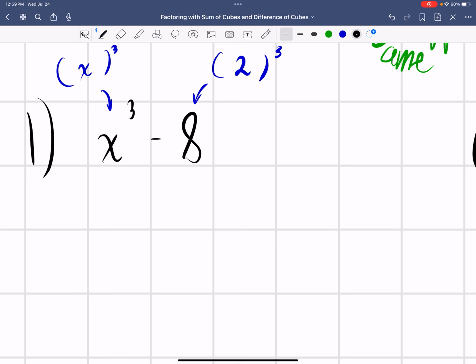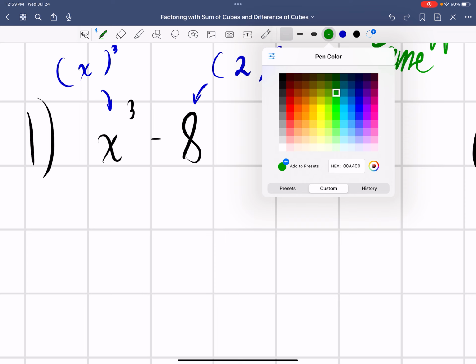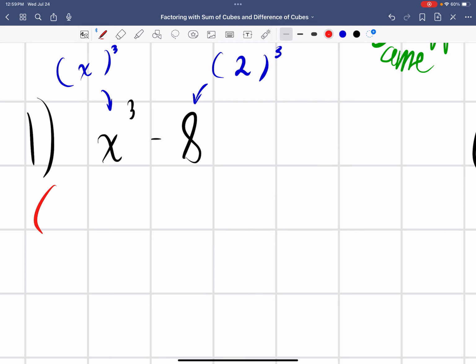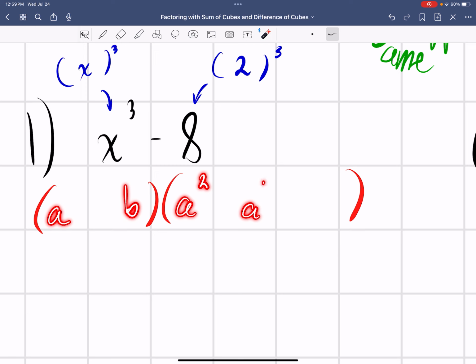So you'll recall that our pattern here, we have a smaller factor and a larger factor. And you'll remember it goes a, b, a squared, ab, b squared, right?